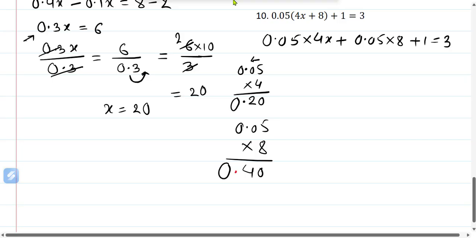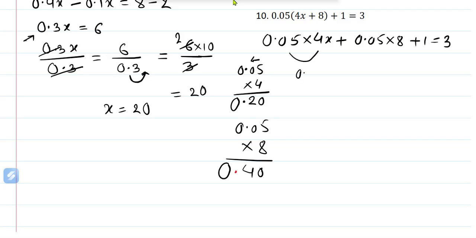So now we can write here 0.2x plus, so we can just write 0.2 instead of 0.20, and this is 0.4, or you can write 0.40. Then plus 1 is equal to 3, or simply 0.2x plus, if you add, 1.40 is equal to 3.